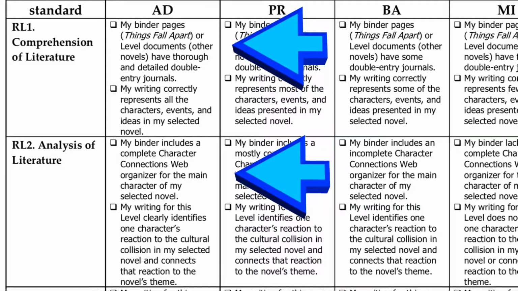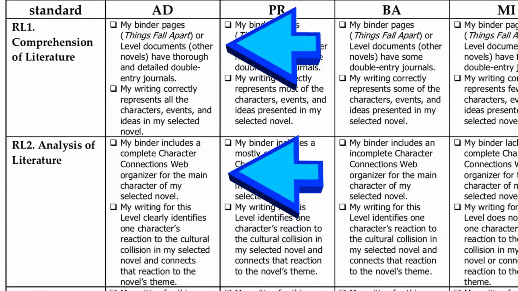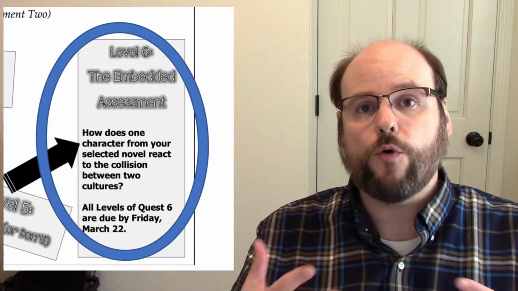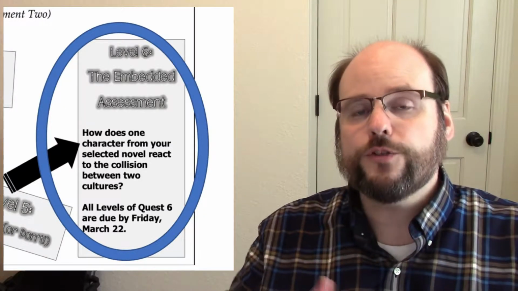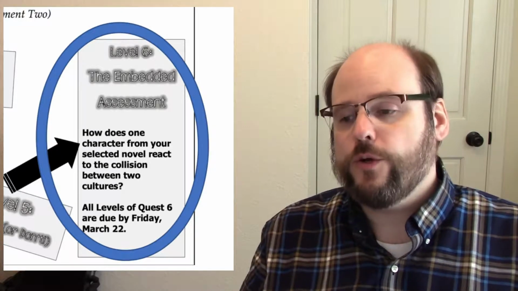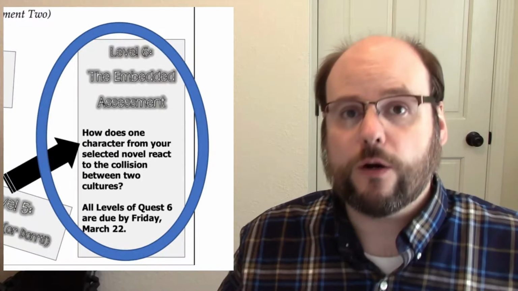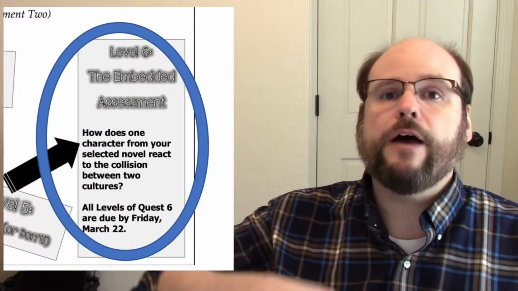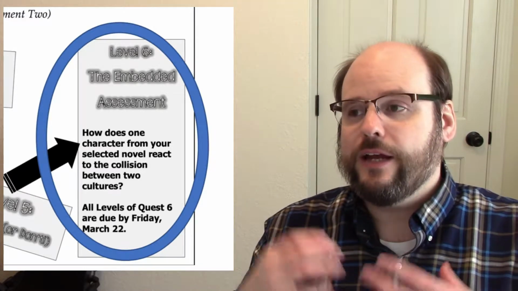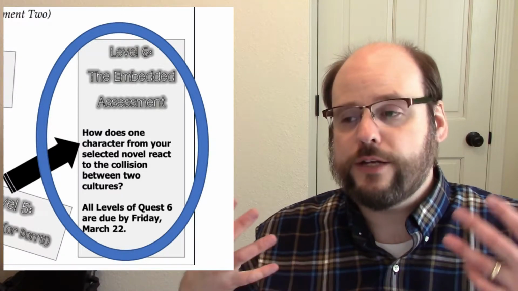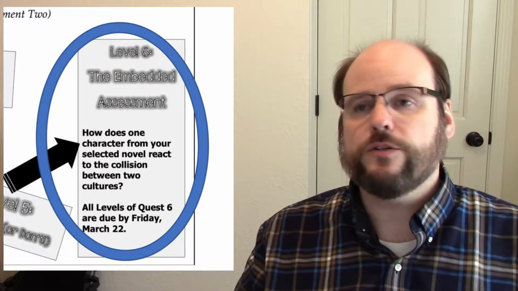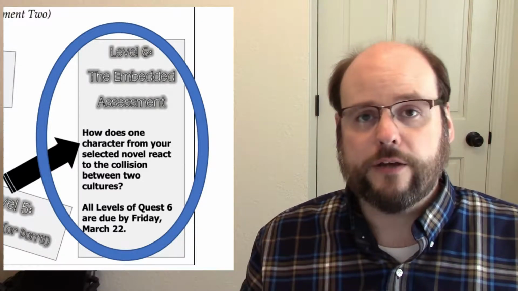The analysis of literature is really about identifying one character's reaction to that cultural collision and how that reaction connects to an overall theme of the novel. So as you're reading your book, you need to not only be thinking about which character you want to write about, but be thinking about how that character felt before the collision, how that character is changed by the collision, and what that change, in both reality or maybe even self-perception, tells us in terms of the author's message for us as readers.